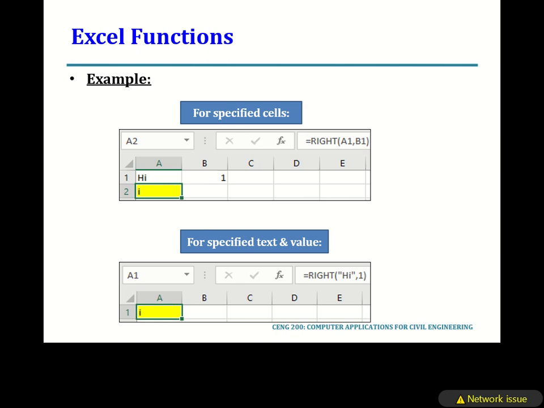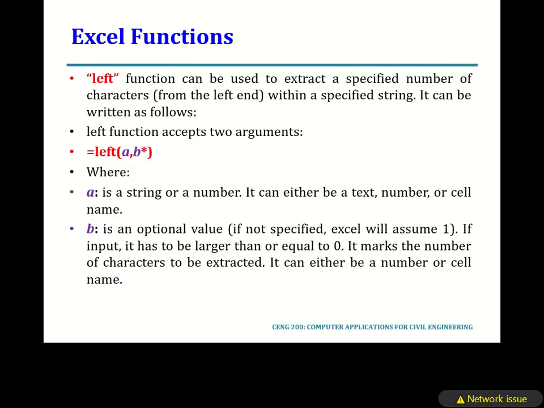Okay. Left, same as right. This will take characters from the left hand side. Same arguments. A is the cell from which you want to cut down, and B is how many characters you want to take from the left hand side. And if you don't put the value of B, it will take it as 1.